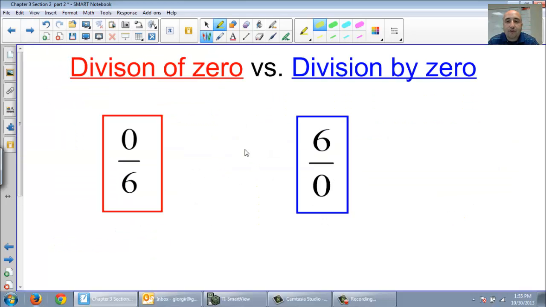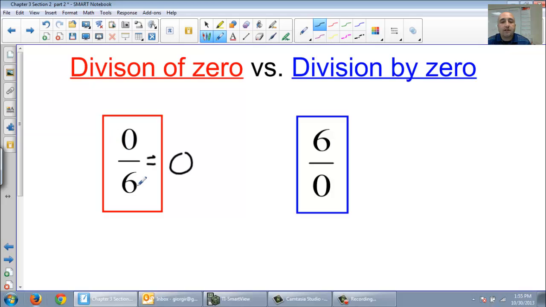All right, so there is a difference here between a division of 0 versus division by 0. There is a difference, okay? When you have 0 divided by a number, the answer is 0.